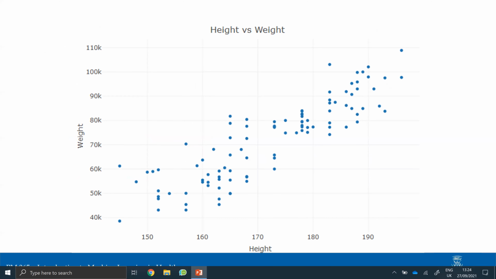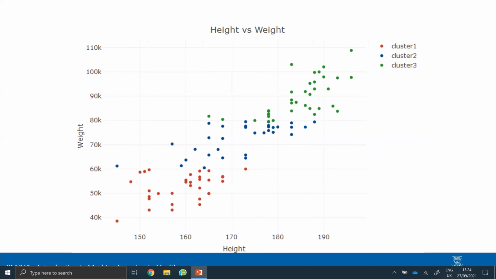So what I'm talking about here is if we had height versus weight, actually, there might be 3 strong clusters in here. So, obviously really light people, up to really heavy people and tall people. These 3 groups might be interesting in themselves if you're talking about things like diet. We all know it is a myth that all men should eat 2,500 calories a day and all women should eat 2,000 calories a day.